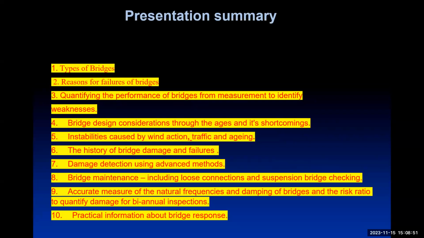The history of bridge damage and failures. Damage detection using advanced methods. Bridge maintenance, including loose connections and suspension bridge checking. Accurate measure of the natural frequencies and damping of bridges and the risk ratio to quantify damage for biannual inspections. And then practical information about bridge response.